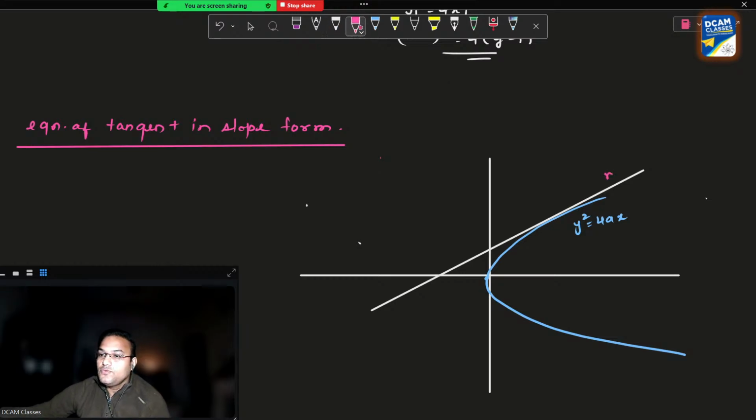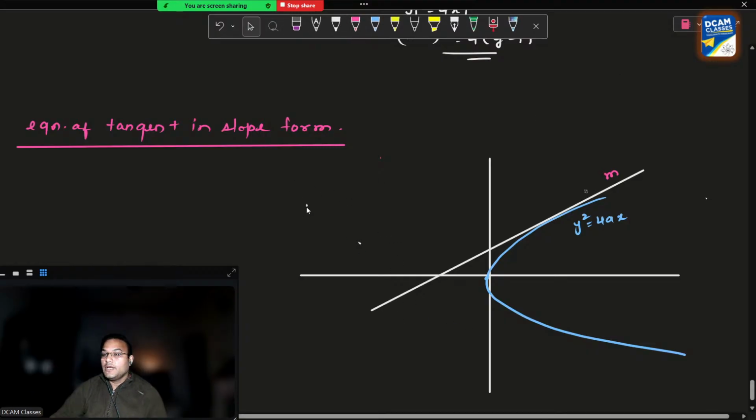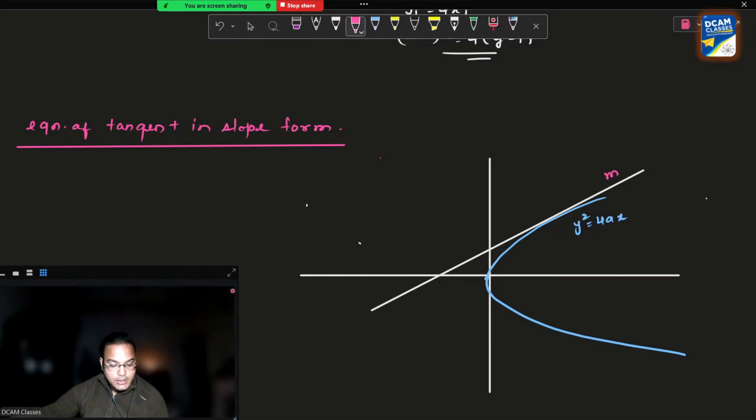You are given only the slope m of the tangent, and you have to find the equation of tangent only in this slope form. Also, you have to find out the point x1 y1.